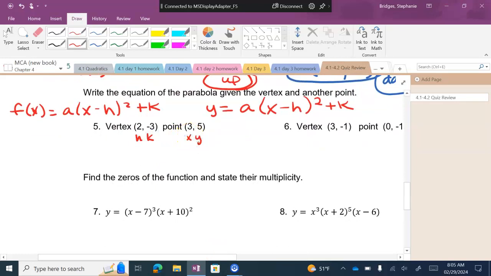And then what we're going to do is use that vertex form, y equals a times (x minus h) squared plus k. We're going to plug all of those numbers in so that we can figure out what a is. So for y, I get 5 equals a times my x is 3 minus my h of 2 squared plus my k, but my k happens to be negative, so we're going to put a minus there.